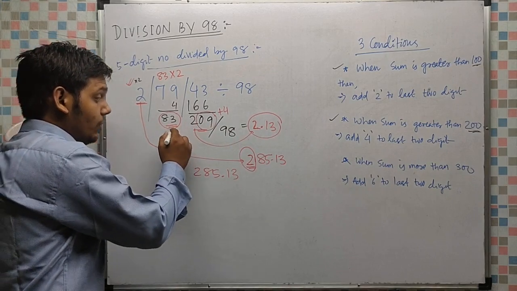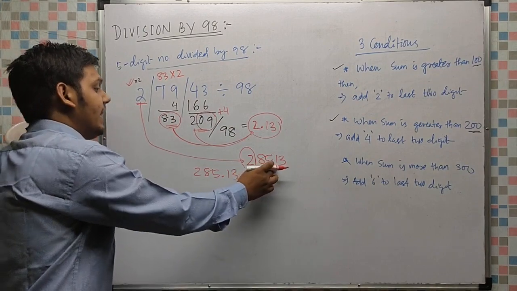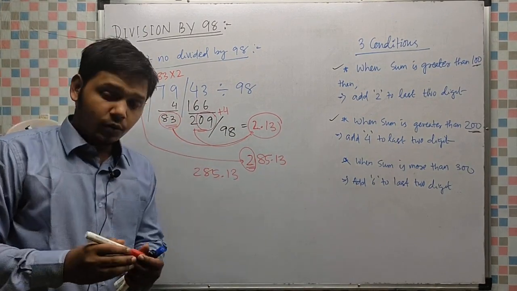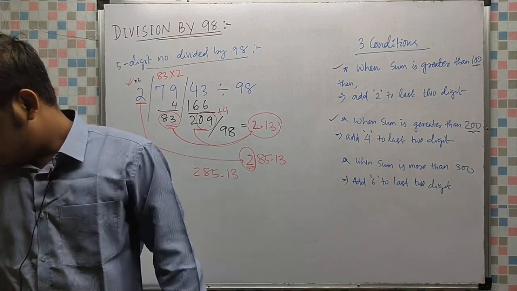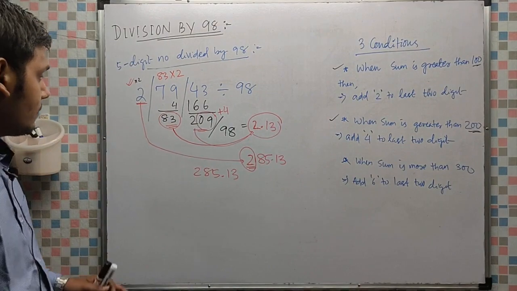Remember, these two numbers will be added. This 83 and 2.13, that is 85.13. Then this 2 simply you have to keep here. One or two more five digit numbers I will do, so that you will be able to understand.